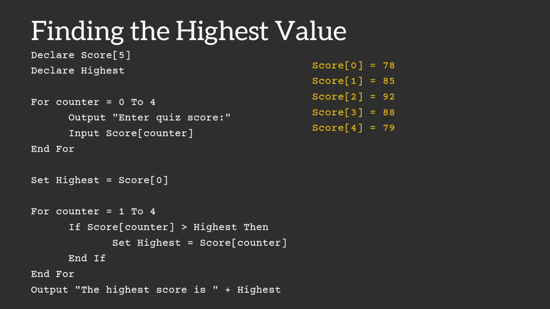And so now the highest is 92. Now we're through with our loop, because we went through 1 to 4. Now our output is going to be: the highest score is 92.